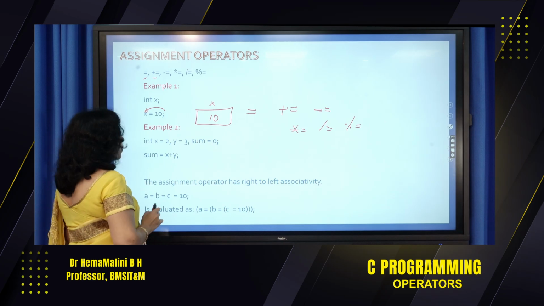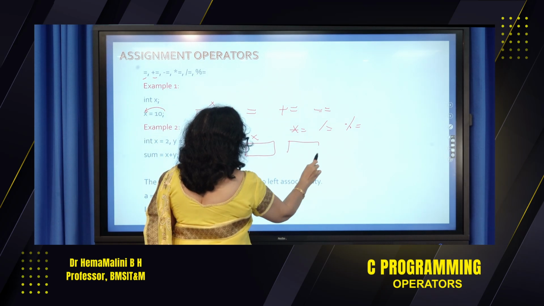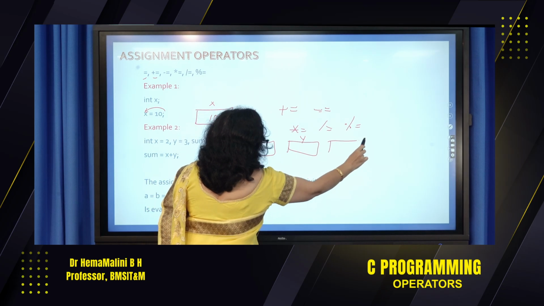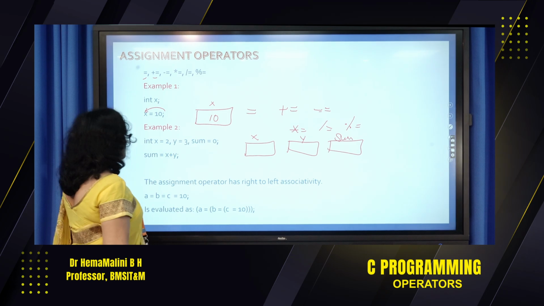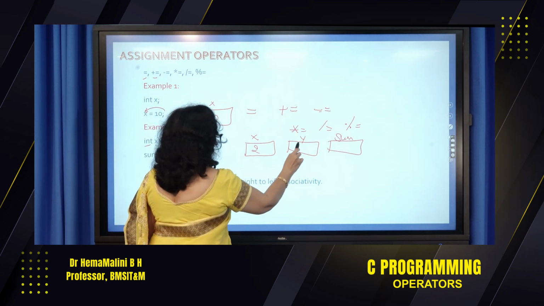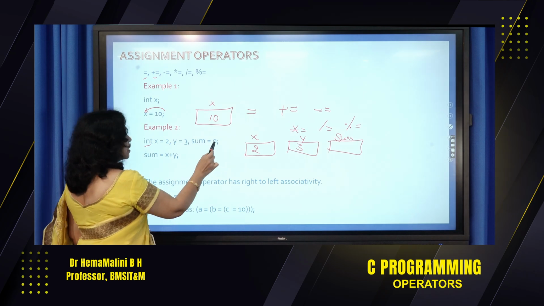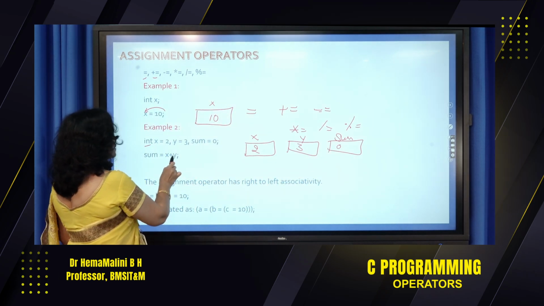Now let's see one more example. This is x, this is y, and we have sum. We have three variables of type integer. x is 2, y is 3, sum is initially 0. Then sum equals x plus y.